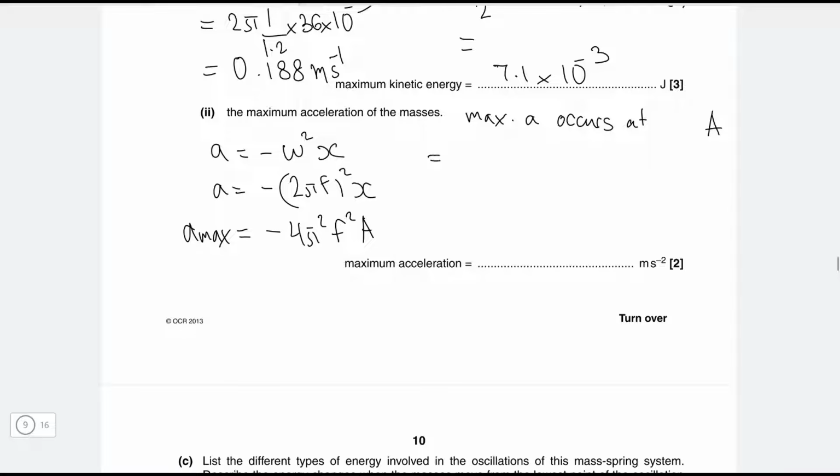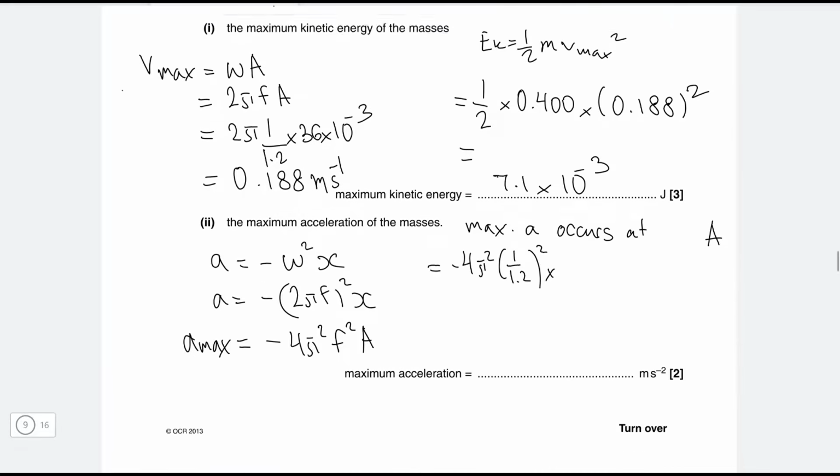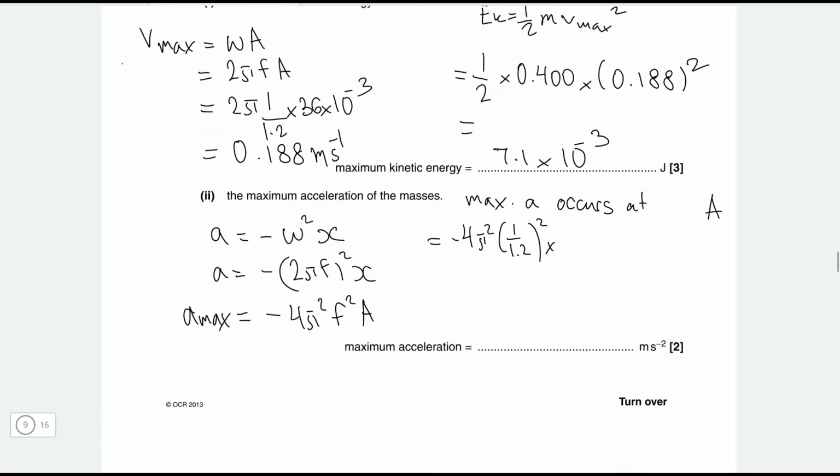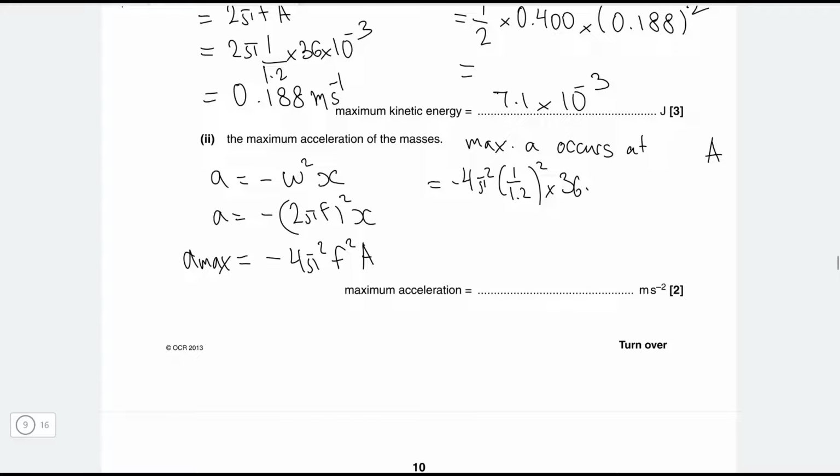So this here will then be equal to minus 4 pi squared times the frequency, which is 1 over 1.2, squared, multiplied by the amplitude, which is 36 millimeters, so 36 times 10 to the power of minus 3. And if we plug that into a calculator, we're going to get 0.99 meters per second squared.